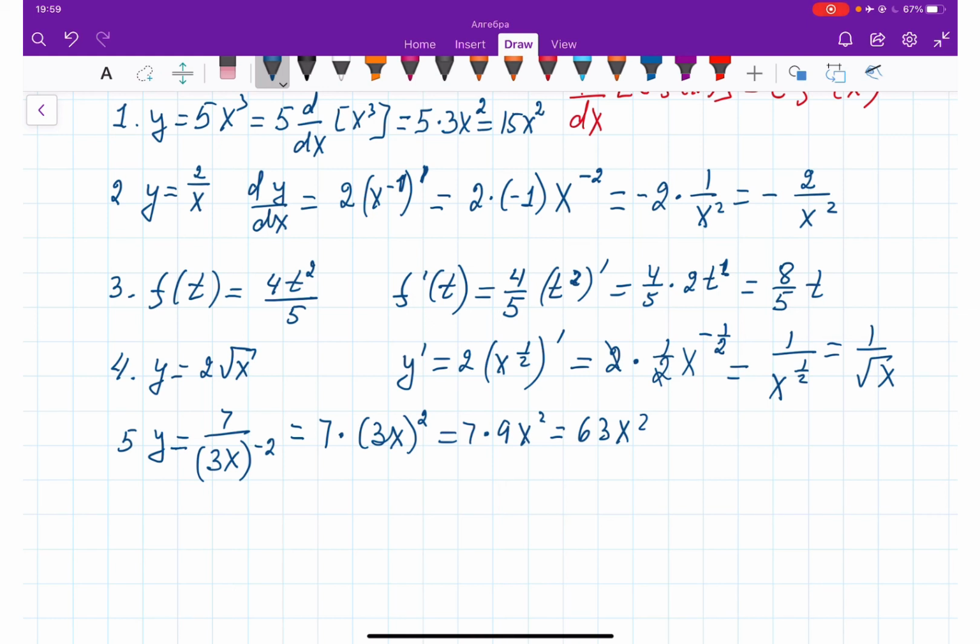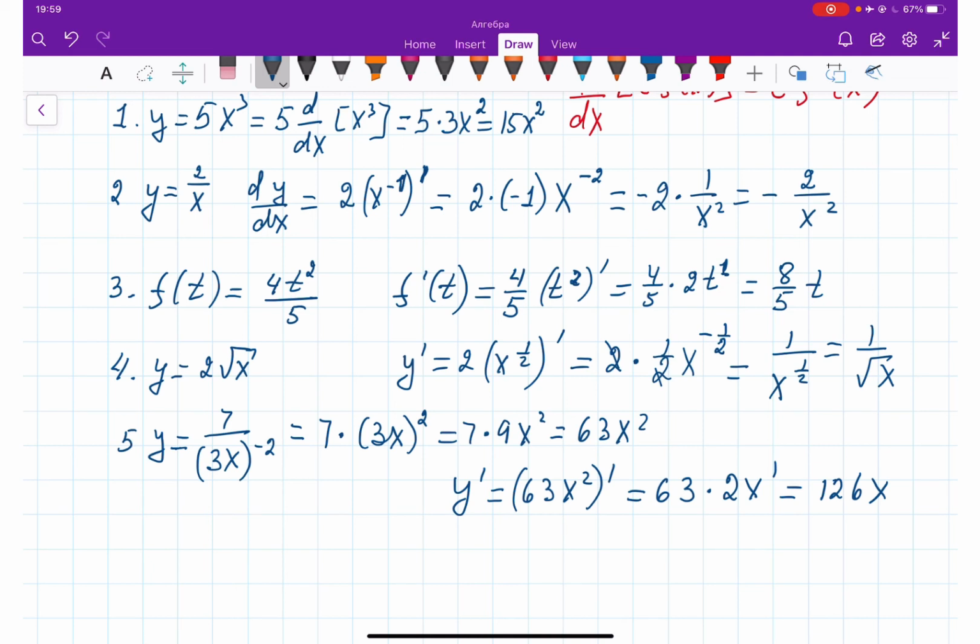Now finally let's take the prime. y prime is going to be 63x squared prime. So 63 will come out because it's a constant, and from x squared the derivative is going to be 2x to the power 1. So it's going to be 126x.